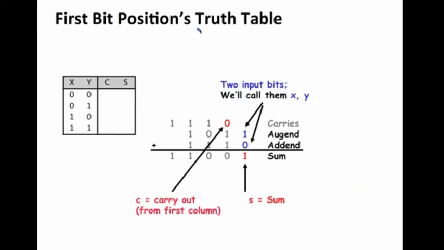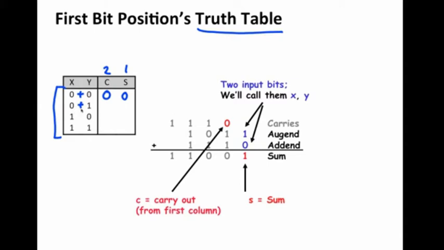So let's go ahead and build the truth table for the circuit that will take the two input bits X and Y to produce the sum bit S and the carryout bit C. There are 4 possible combinations of our input bits X and Y. When we sum X and Y together, 0 plus 0 we get 0, which means we can represent that with a 0 in the 1's place and a 0 in the 2's place.